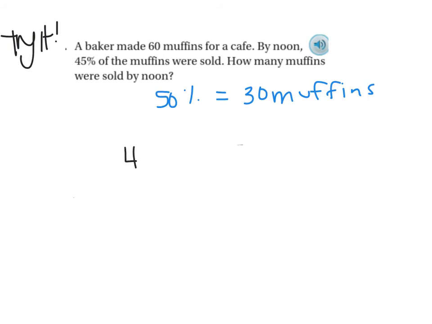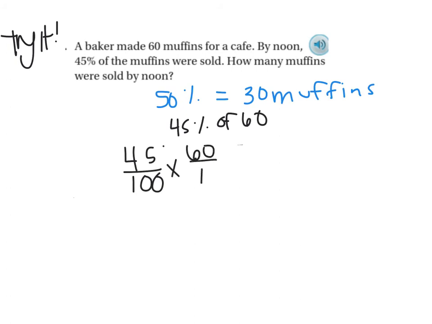Okay. So 45%. Sorry, let me write it like this. 45% of 60. So 45 times 60 over 1. Okay, and cross cancel. This will be 6. This will be 10. Is that right?